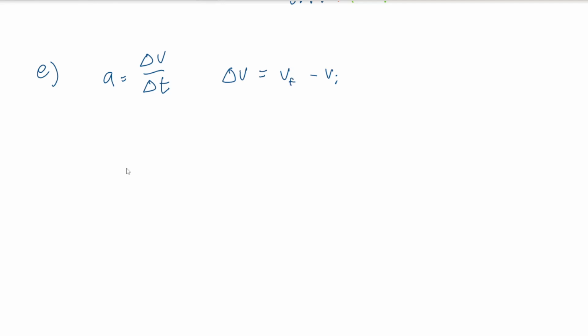So I can replace in the acceleration equation change in velocity with Vf minus Vi over delta t, or just t. I can multiply both sides by t, and I can add Vi to both sides.